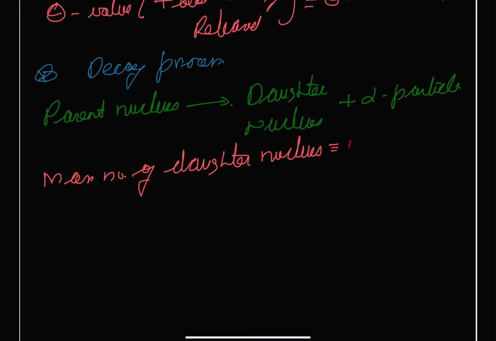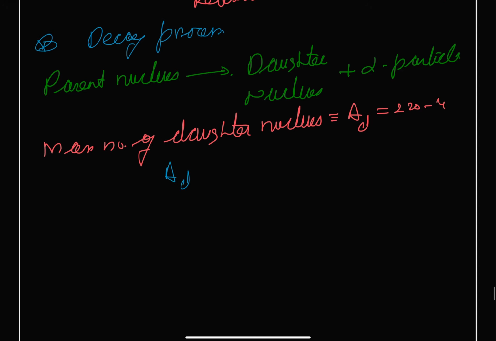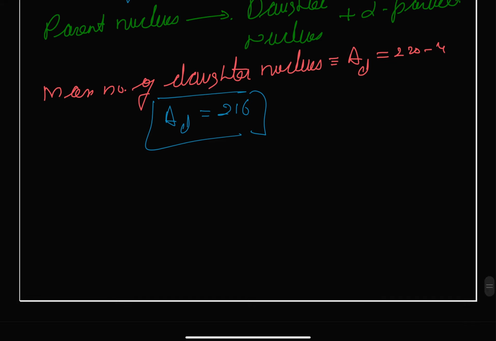Let us call it AD, that will be equal to 220 minus 4, so we get AD equal to 216. And we can just use the conservation of momentum and solve it.